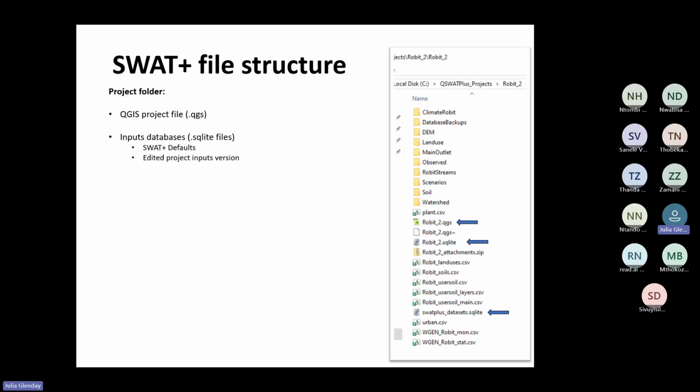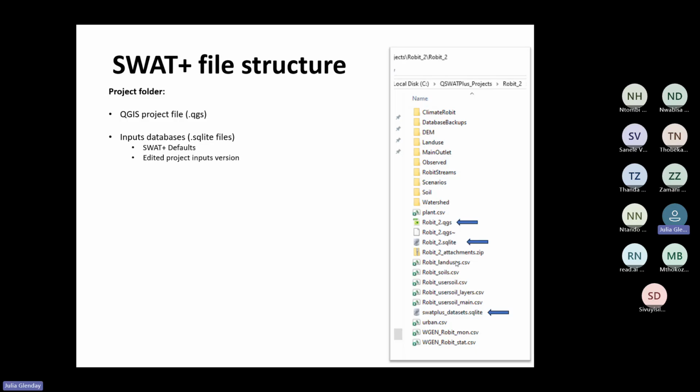So we looked at, for example, all these inbuilt parameter values for different vegetation types that the model comes with. Those are all stored in there, and then the software accesses them. And then it makes another one that has the name of your project. So in my case, it says robot2 and .sqlite.